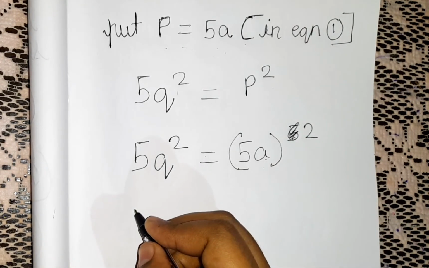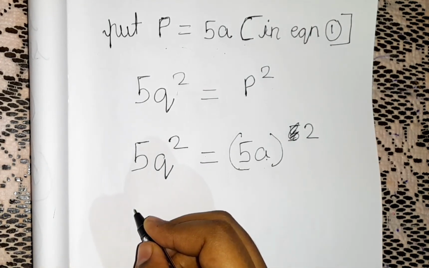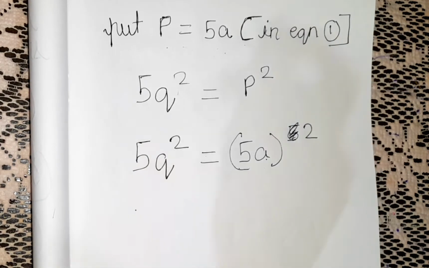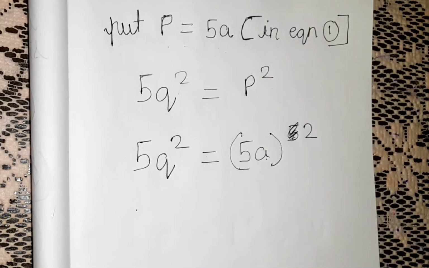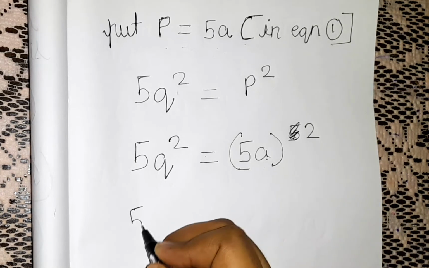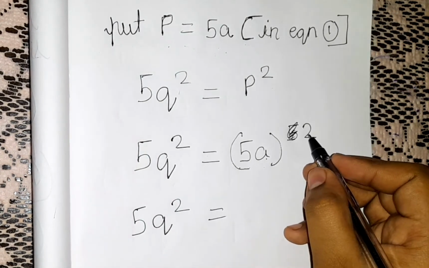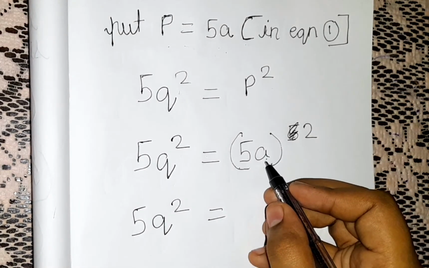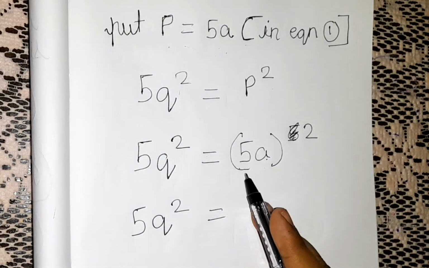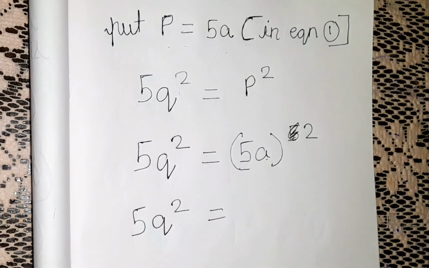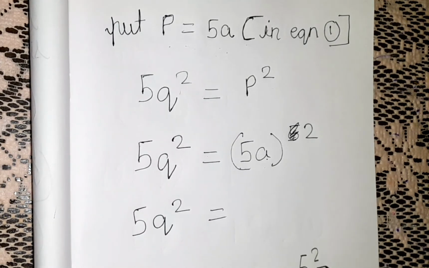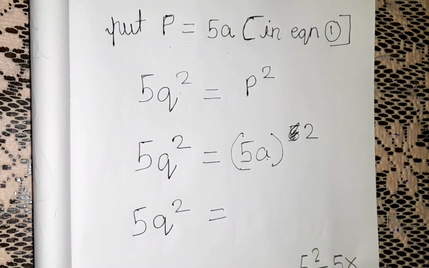Now let's write 5q square is equal to, this 2 belongs to 5 as well as a. That means here it is 5 square and a square. If it is 5 square, then 5 into 5 is 25.